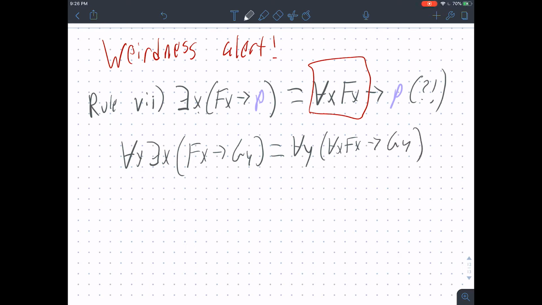Right. Yeah. You just have to memorize this one. It's a little weird, for sure. But that's how it works.